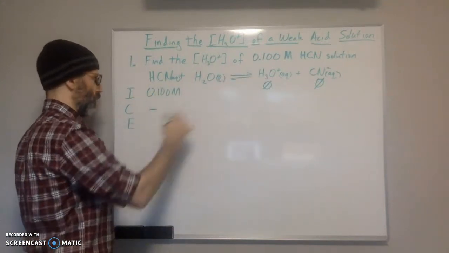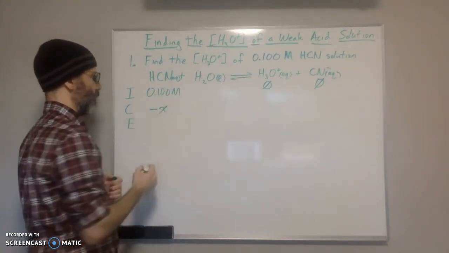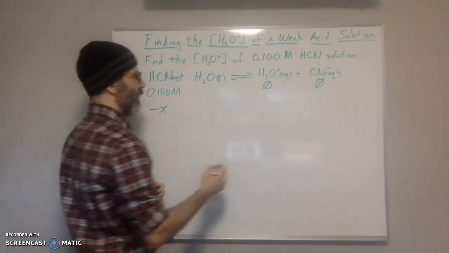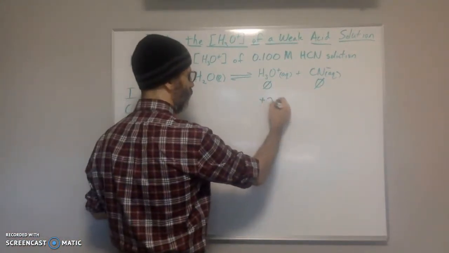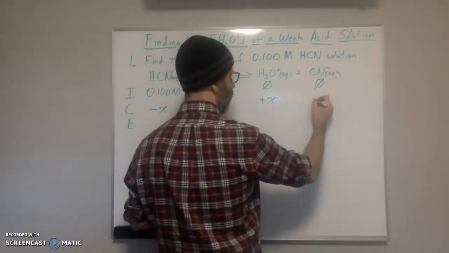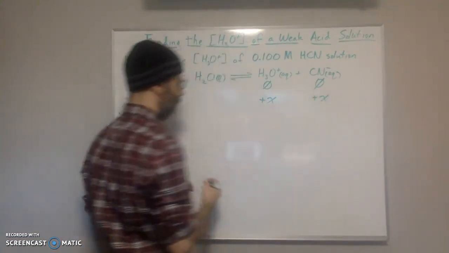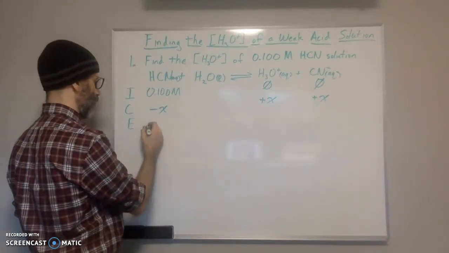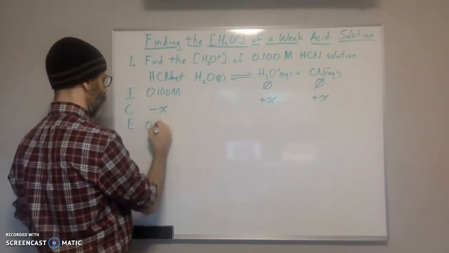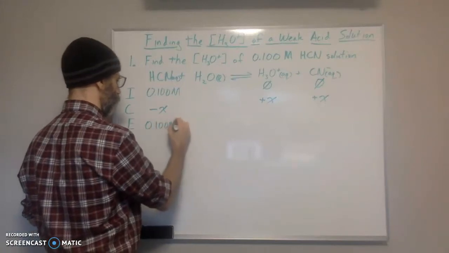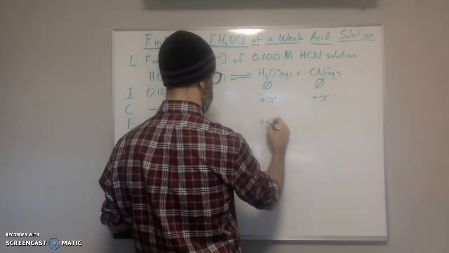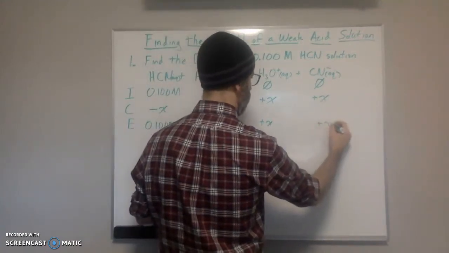It's all 1-to-1, so we're going to lose some amount X here, whatever that is, but we're going to gain some amount X here, and we're going to gain some amount X here. And so when we put this together, our equilibrium concentrations are going to end up being 0.100 molar minus X, and this is just going to be plus X plus X.